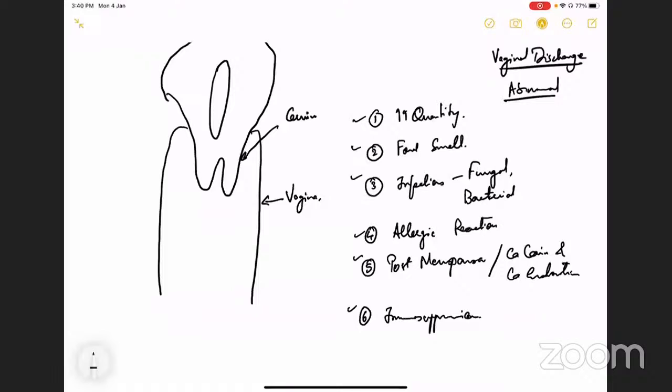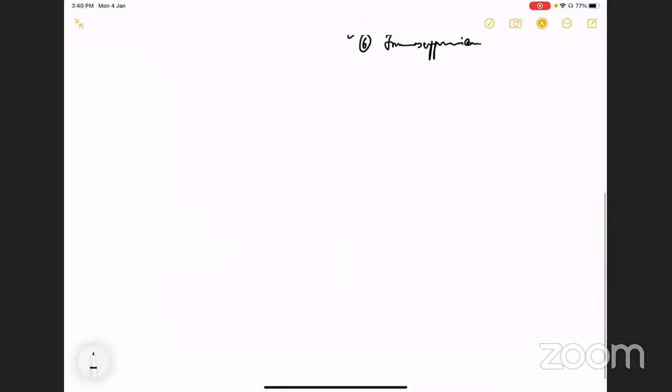Now, in order to identify how you should be treating this vaginal discharge, the method is going to be very simple. You are not supposed to give random medications, like take this antibiotic and get treated. This is a very important take home point, especially for family physicians.